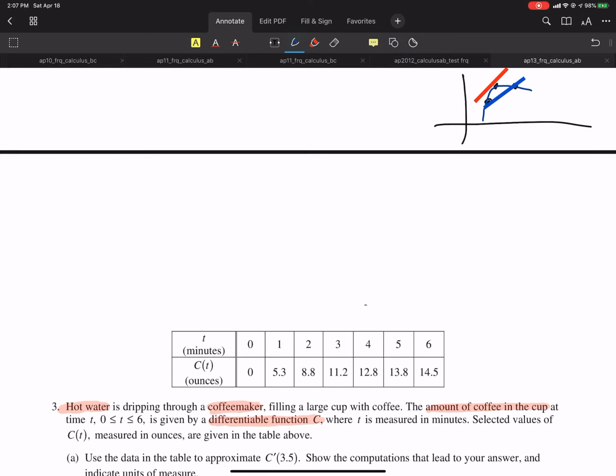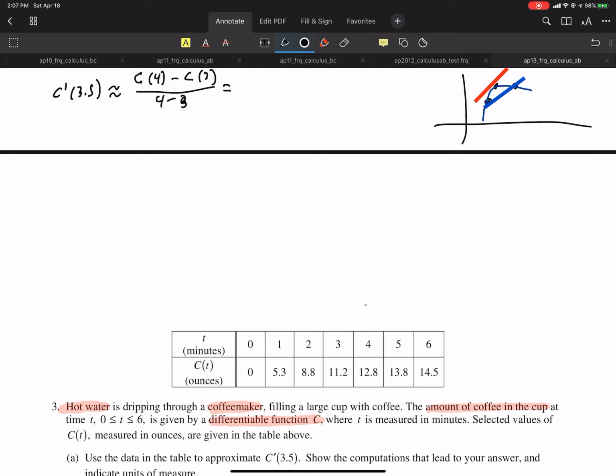So that's what we're going to do for this. I'm going to say the derivative of C at 3.5 is approximately equal to, now 3.5, if you look, is between 3 and 4. So I want to do the slope between 3 and 4. So that's f of b minus f of a over b minus a. And I plug in the actual numbers.